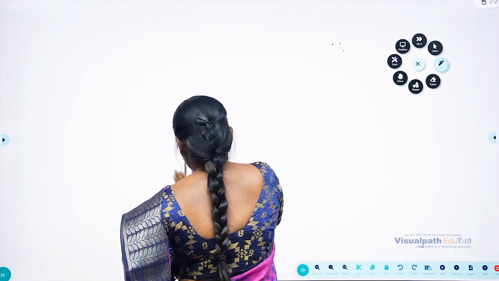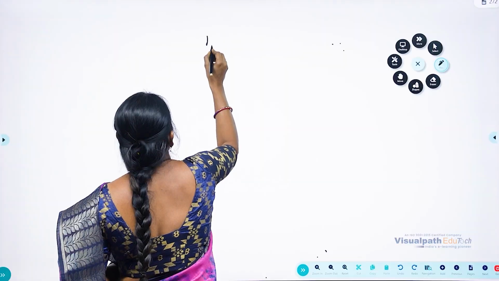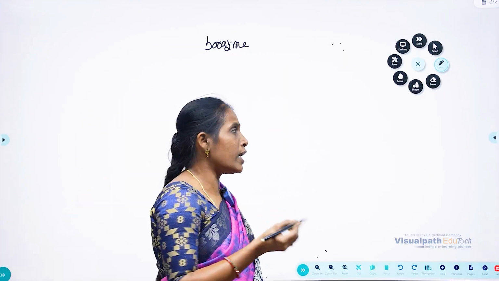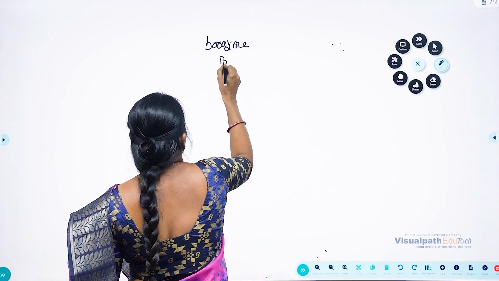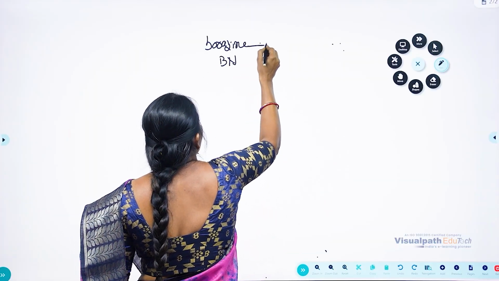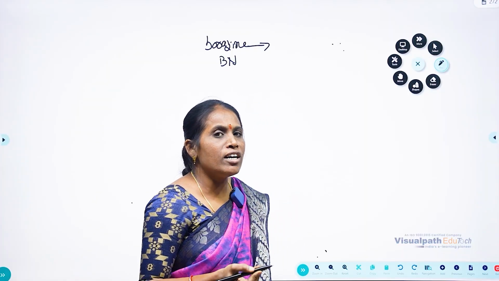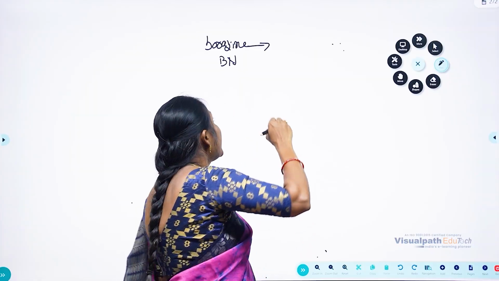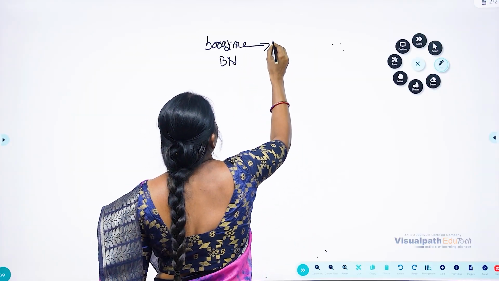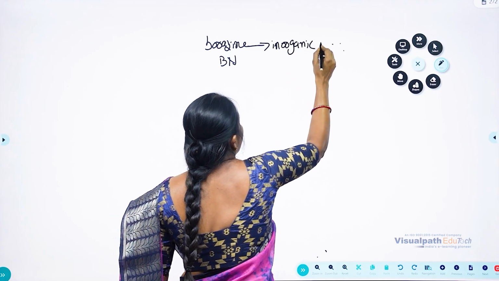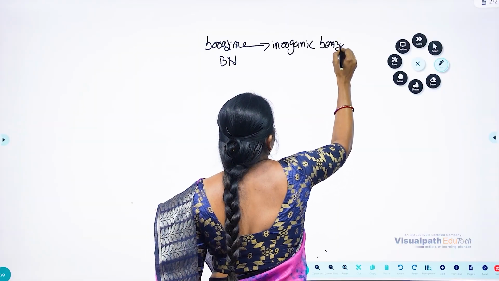And next we see the boron and nitrogen compounds. Boron nitrogen compounds means we discuss borazine and boron nitride, the BN molecule. Borazine is a volatile liquid, and due to its properties it is also known as inorganic benzene.